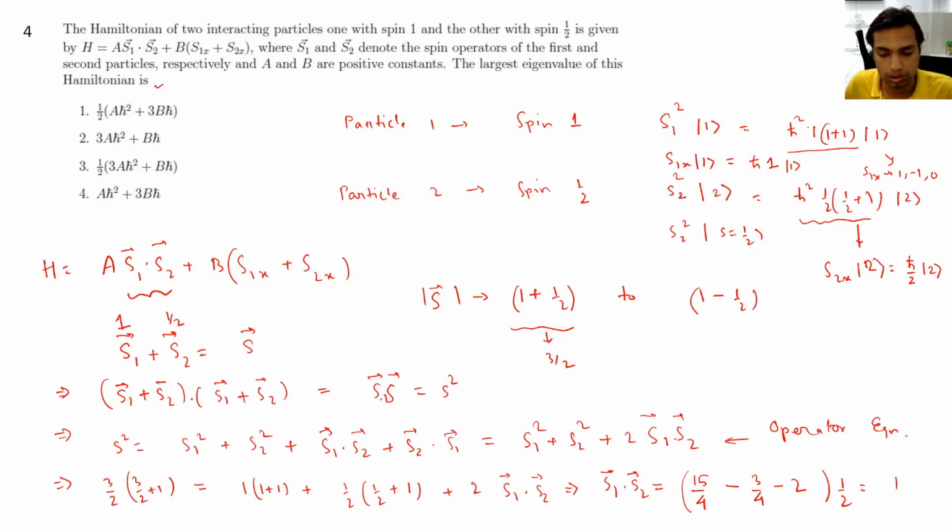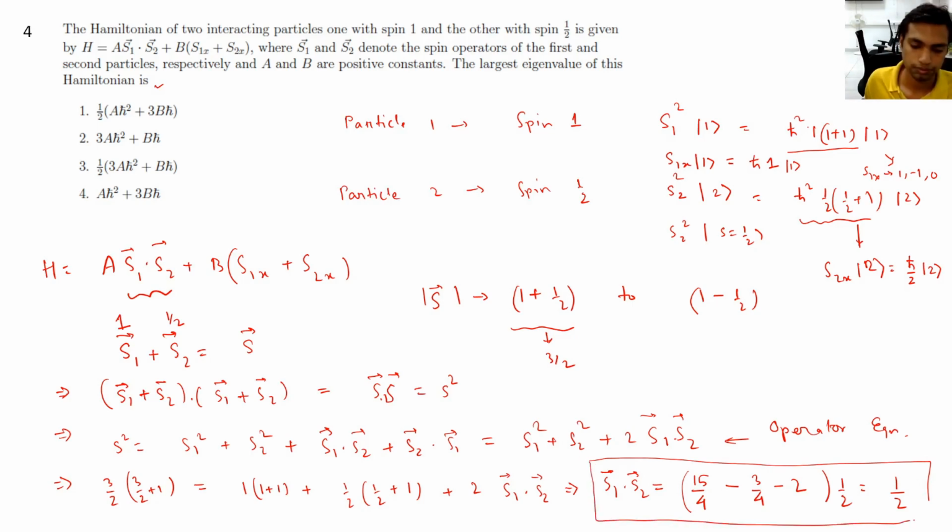So what you get is 1 by 2. So the maximum value of S1 dot S2 you obtained is this much. Now all we need to do is to replace all these values. So let us do that.